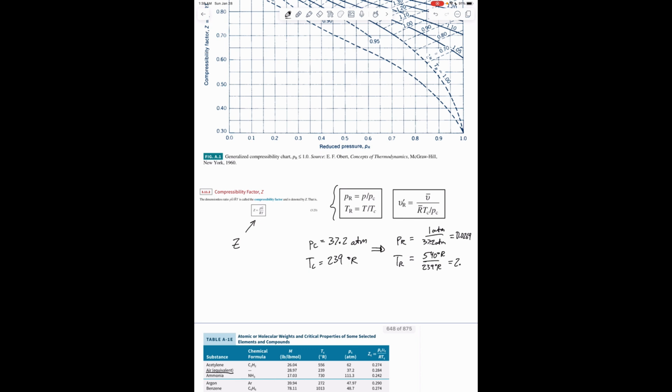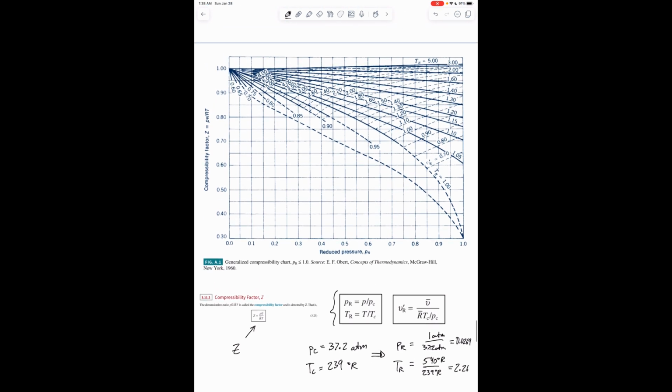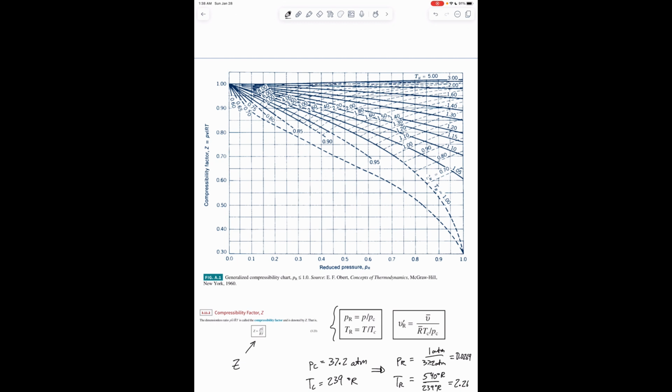So we've surpassed the critical temperature. Notice how we have a super low reduced pressure, which is like a ratio, and a relatively high reduced temperature ratio. With these two terms, we can now return to our compressibility chart and track our location.